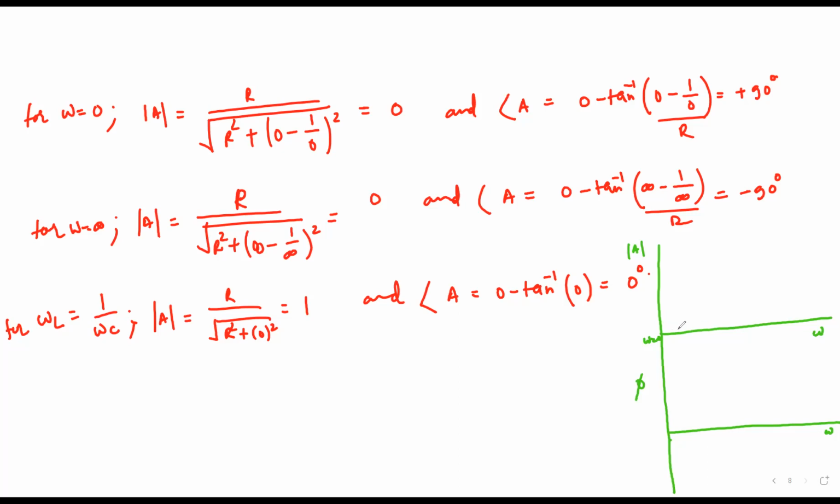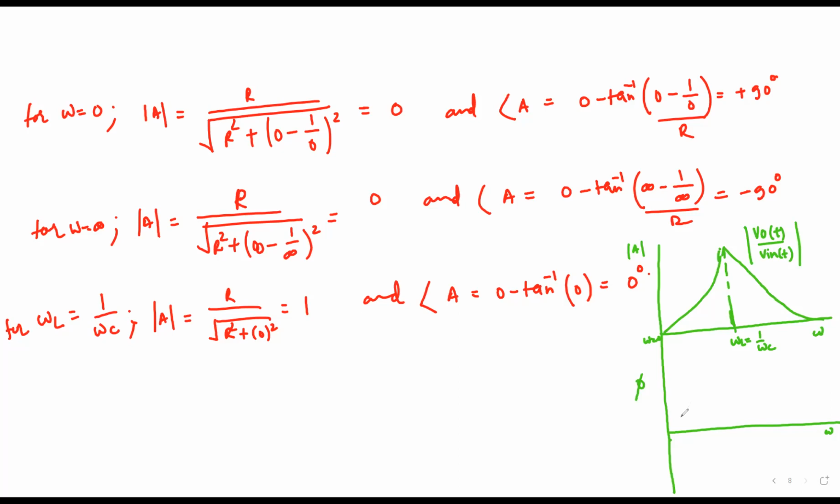And at omega equal to 1 over square root of LC, the value is 1, like this. And then as omega approaches infinity, the magnitude again falls to 0. So this is basically Vo(t) divided by Vin(t). Okay, that's the magnitude plot.